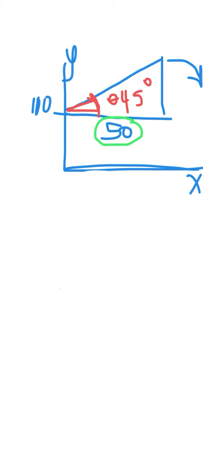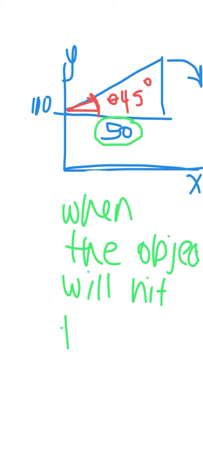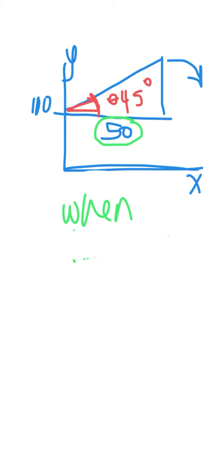Now we need to find when the object will hit the floor. And this is quite simple to do. The first thing we need to do is figure out the equation for time.